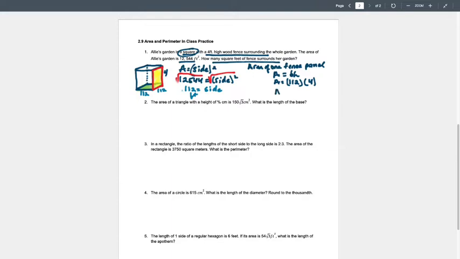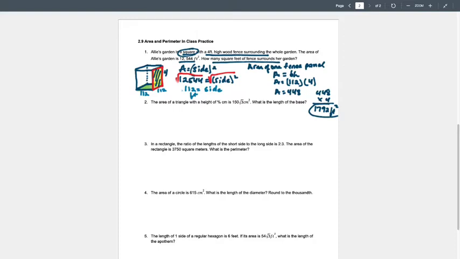And when I multiply those together, I get 448. So that represents this particular fence panel right here. Well, I've got 4 sides of those. It's surrounded by, all around it, all 4 sides are surrounded. So I need to multiply that 448 by 4, and I get 1,792 feet squared. So that's how much fencing is surrounding my square garden.